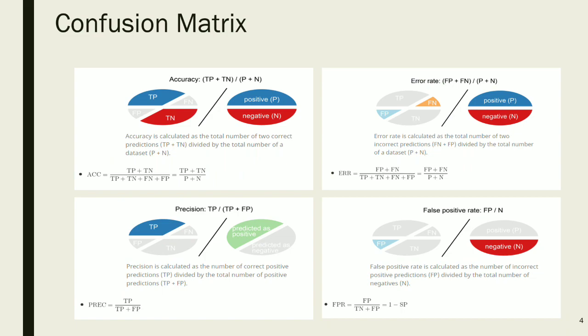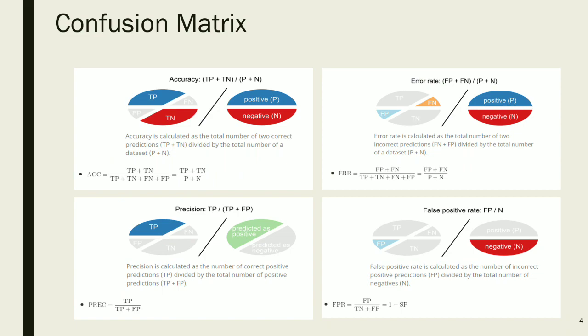That means you detected it as positive but in the actual data set it was negative. This is the false positive rate, and mathematically it is FP divided by TN plus FP, which is equal to 1 minus SP. Okay, I think we are clear.